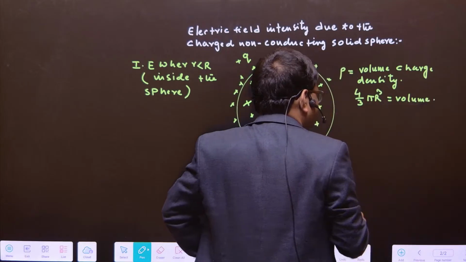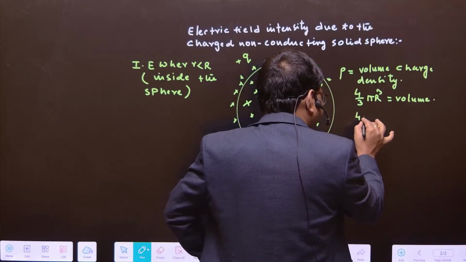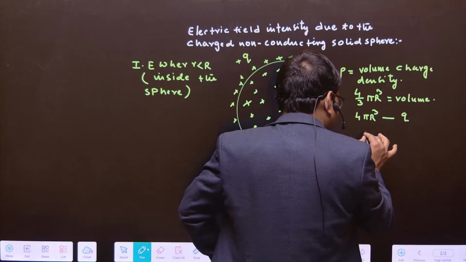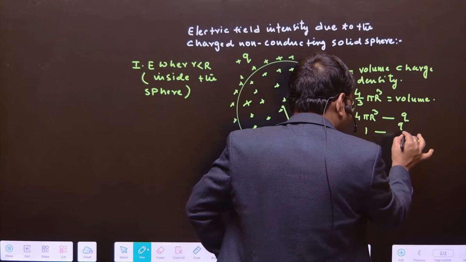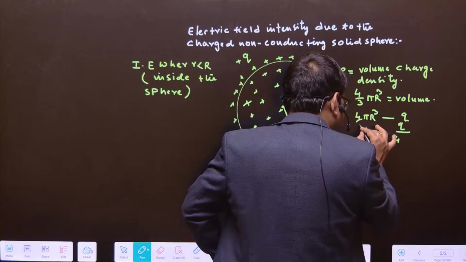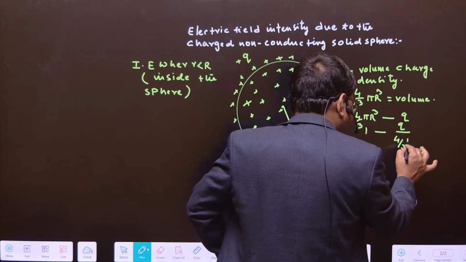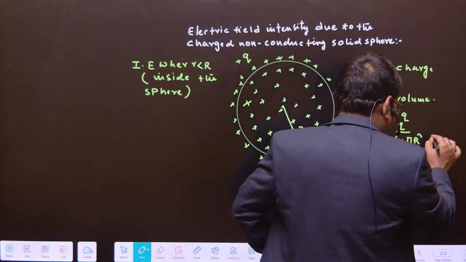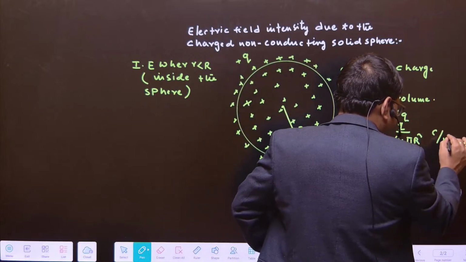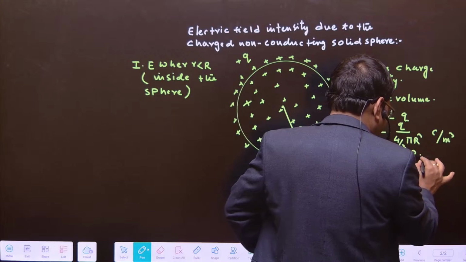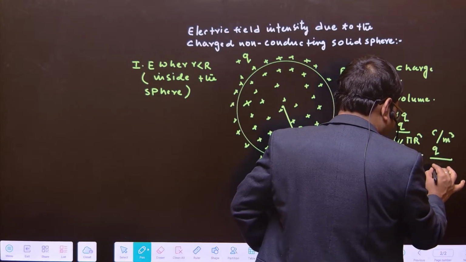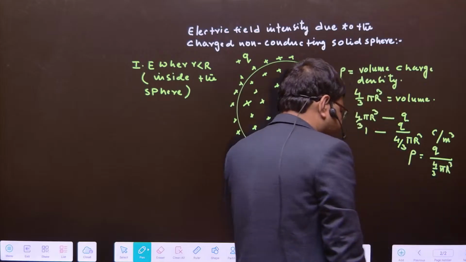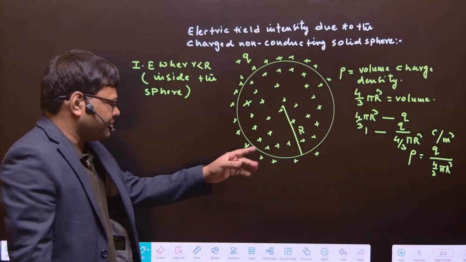In this volume the total charge is Q. So in unit volume the charge is Q by 4 by 3 pi R cube. This is rho, the volume charge density, in coulomb per meter cube.